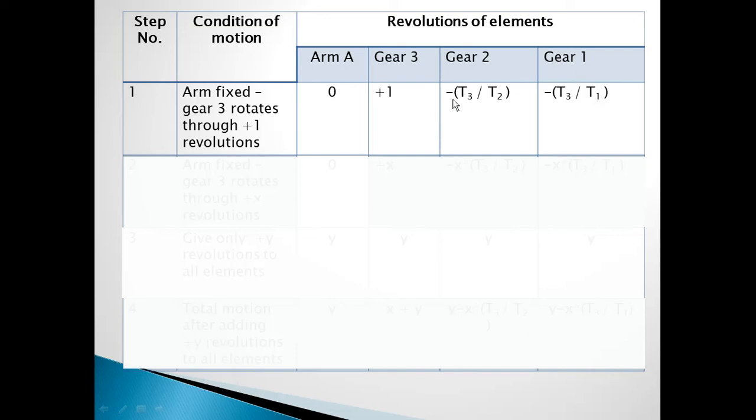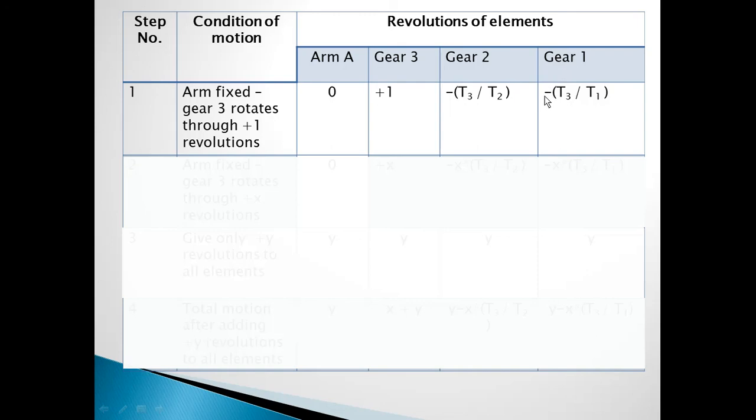Why minus? Because gear 3 is rotating in a clockwise direction. Gear 3 and gear 2 mesh externally. That's why a negative sign appears for gear 2. Similarly, gear 1 is also meshing internally with gear 2.